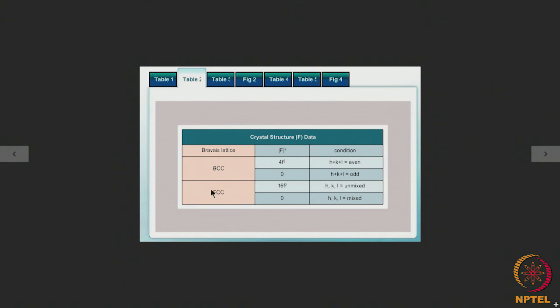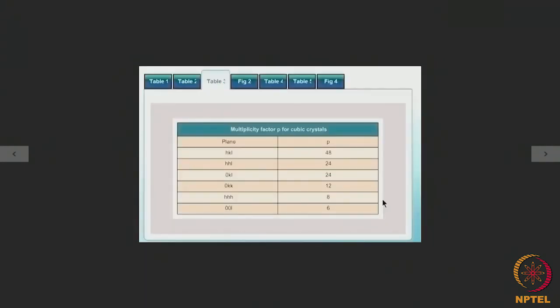On the other hand, for FCC Bravais lattice, the value of F square will be 16 small f square, where f again is the atomic scattering factor, and this is true for HKL unmixed, and it is equal to 0 when HKL are mixed. Then you get another table for multiplicity factors.